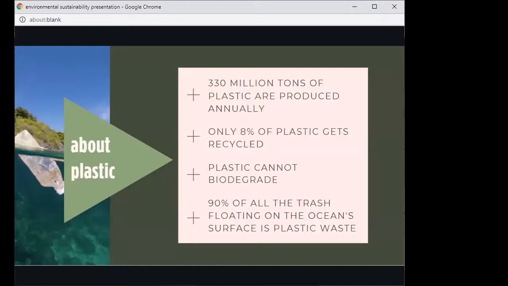It breaks down into smaller and smaller pieces, and we start to call those microplastics once they get to a certain size, but they don't ever really go away. And that's one of the reasons why, as you can see, one of the bullet points on this is that the majority of the trash in our ocean is made of plastic. And that's because it doesn't biodegrade. It never goes away. It's here to stay.